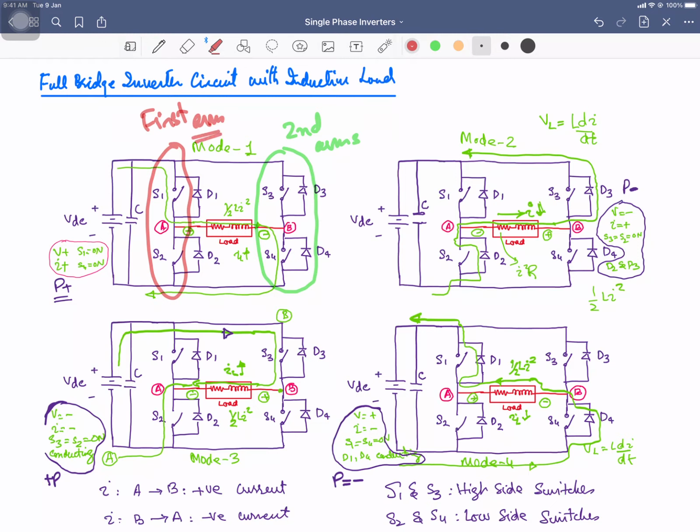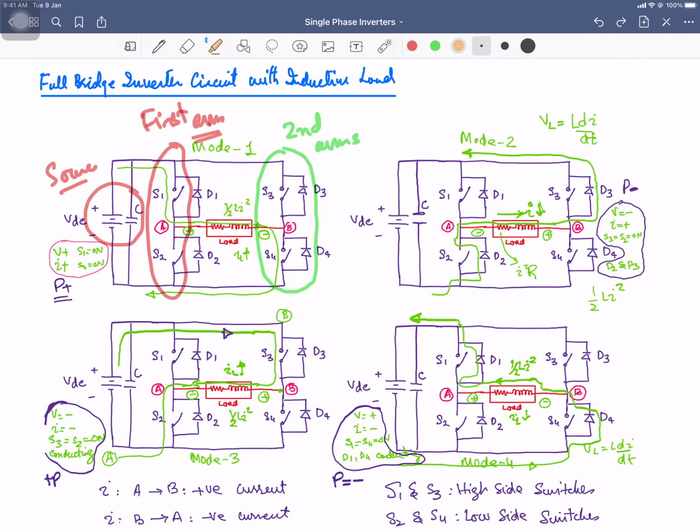In each arm we have two switches, and this is our source. We are using two arms, and the load is connected between the center points of the two arms. So this one is the load.